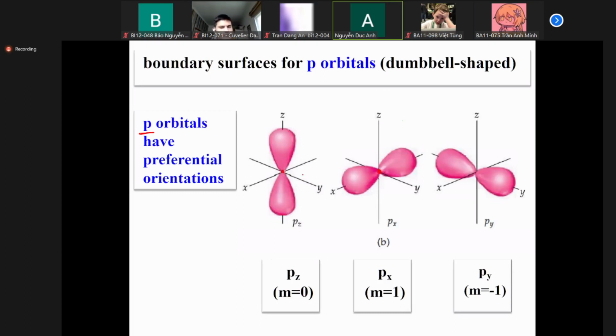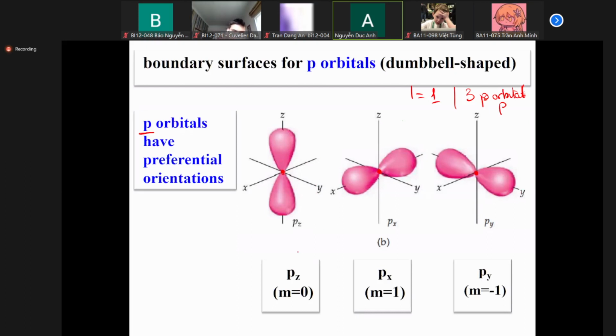As we explained before, p orbitals have l equal to 1, so you will have 3 p orbitals. These 3 p orbitals are arranged in space along a coordinate system: one goes along the z axis, another along the x axis, and the other along the y axis.